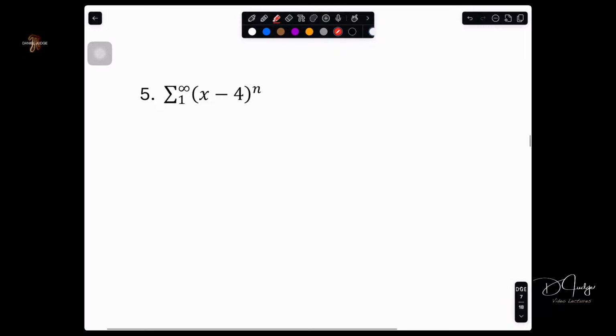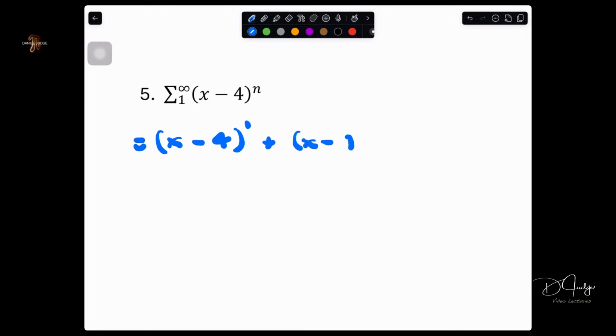And this is a geometric series, but it involves a variable x here. Let's look at these terms here so I can show you what I'm talking about. When n is 1, we have the power 1 there. x minus 4 squared, x minus 4 cubed, and this goes forever. Now remember, a geometric series looks like this.